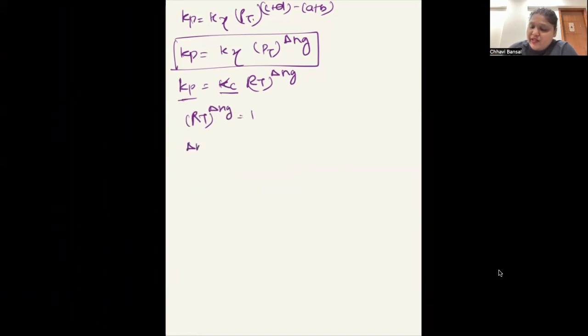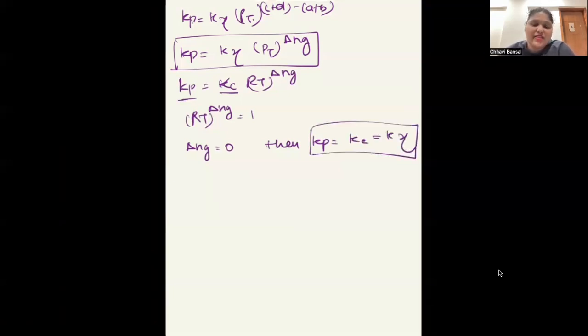And if delta Ng is equal to 0, then Kp equals Kc equals K psi. So if the number of moles of gases on the left side is the same as the number of moles of gases on the right side, then the Kp, Kc and K psi values will be the same for all of them. Is it clear?